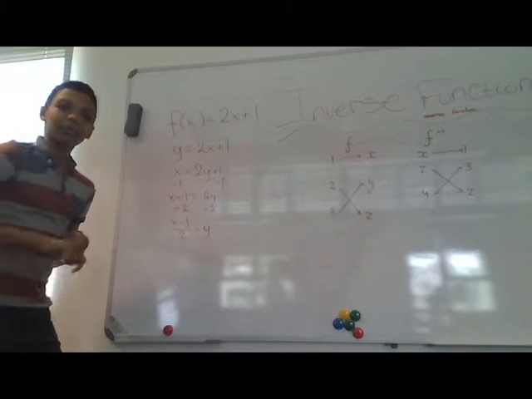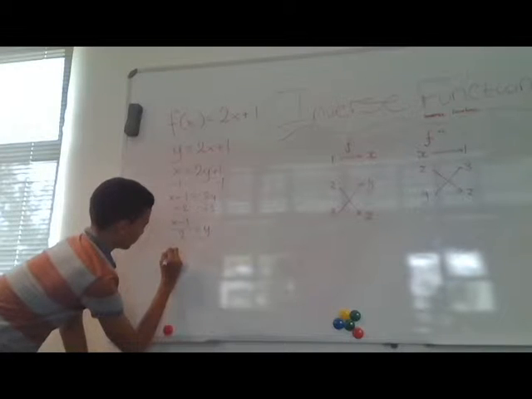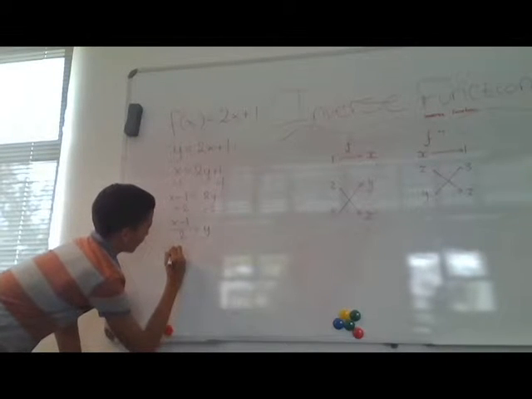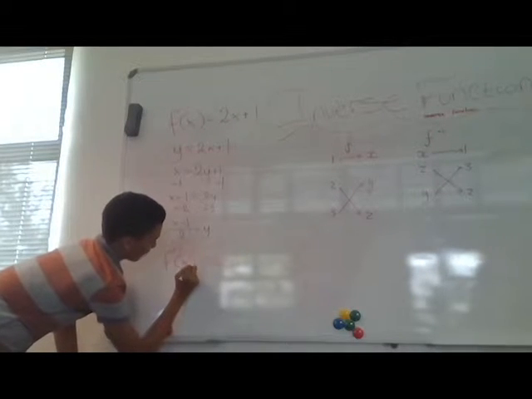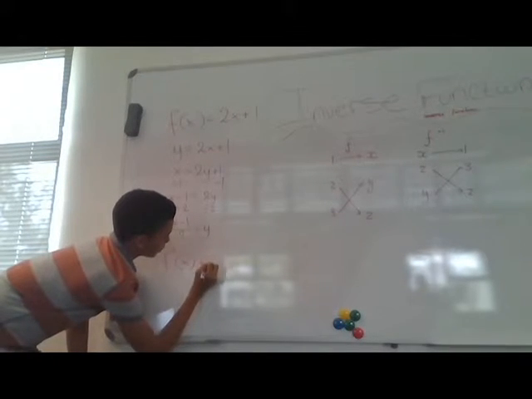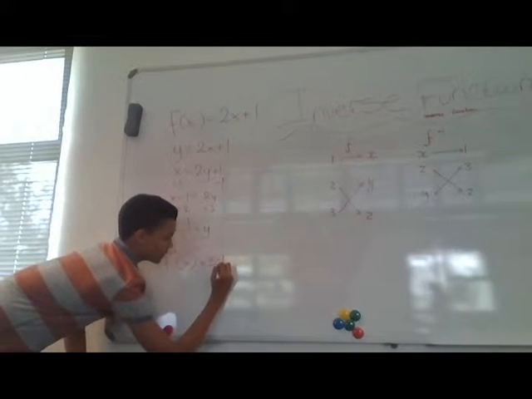And then you convert it back to a function by ensuring that if you inversed it, you have to add the exponent -1. Put in the bracket x equals (x minus 1) divided by 2.